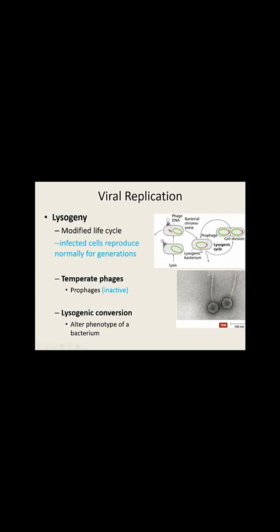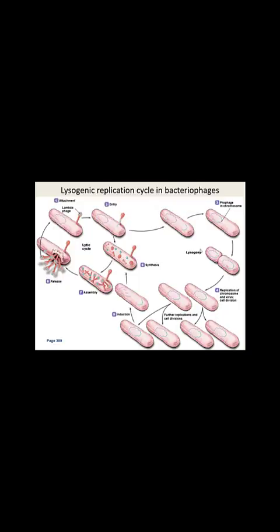Now, this shows the 5 basic steps of the lytic cycle and how they can go into that lysogeny or lysogenic cycle. So you still have attachment, entry, synthesis of all the parts, assembly of all the parts, and the lysis, the release. However, in the lysogenic cycle you've got the DNA inside, it incorporates and becomes part of the bacterial DNA, and those bacteria just reproduce normally for a while. So one bacteria that has viral DNA becomes 2 bacteria that have viral DNA.